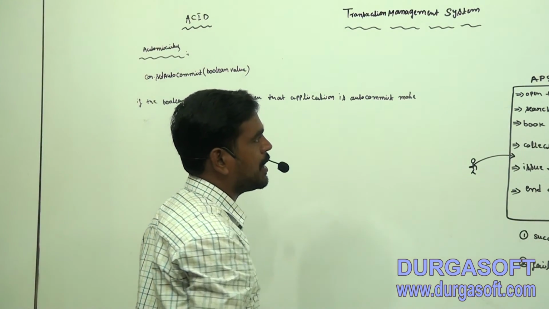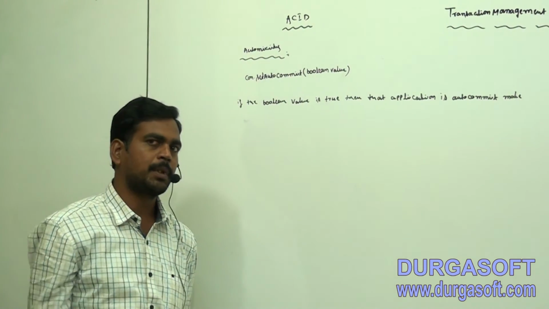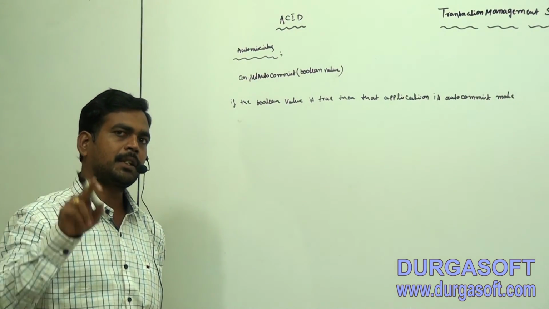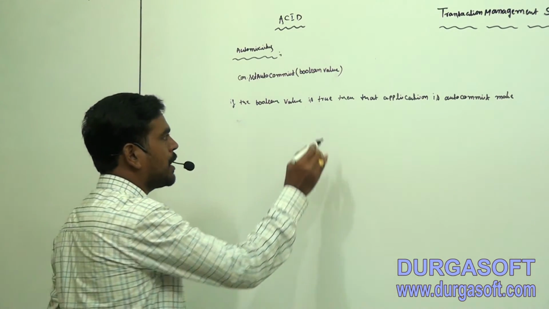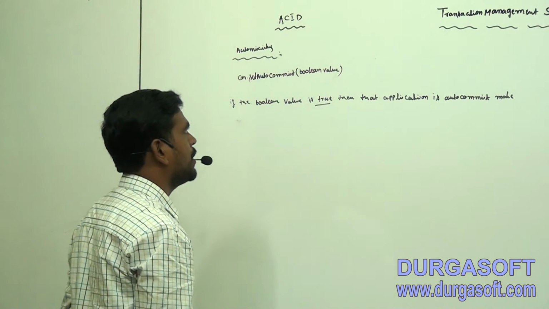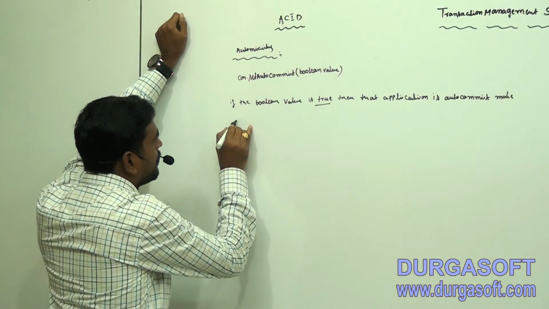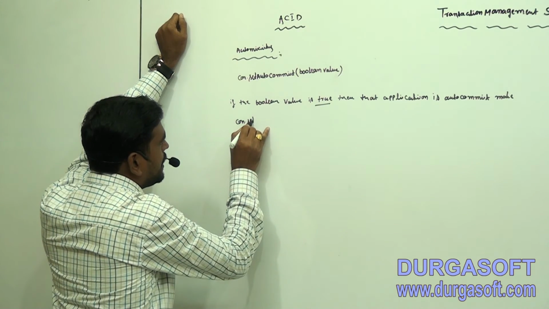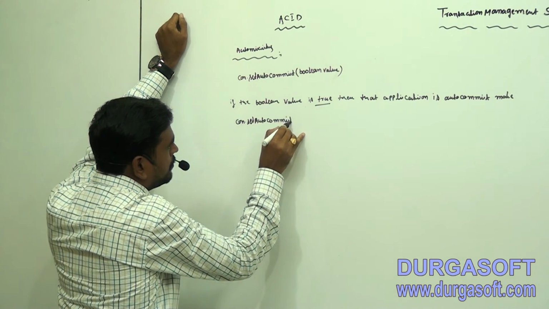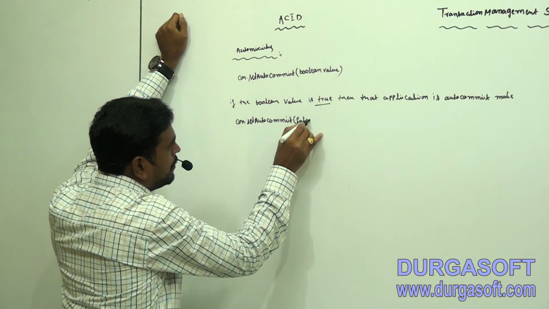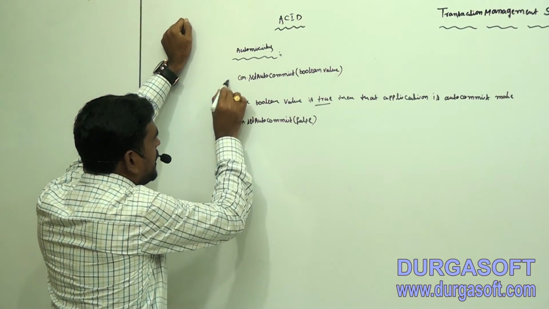If our application is in auto commit mode, it is not possible to develop transaction related applications. We must convert it to non-auto commit mode. Inside the setAutoCommit method we pass false: con.setAutoCommit(false).